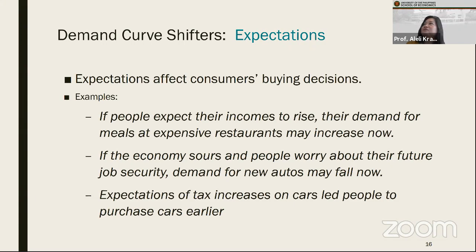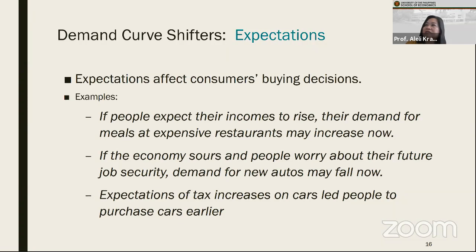If you're expecting a tax on cars, for instance, to increase next year, then they would purchase cars now. This happened with the TRAIN law.